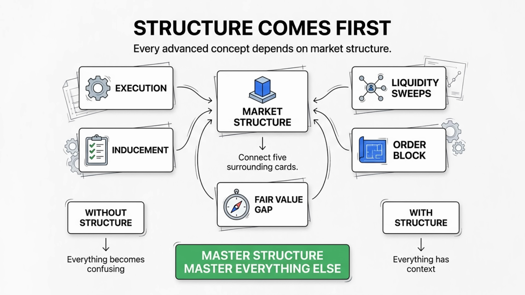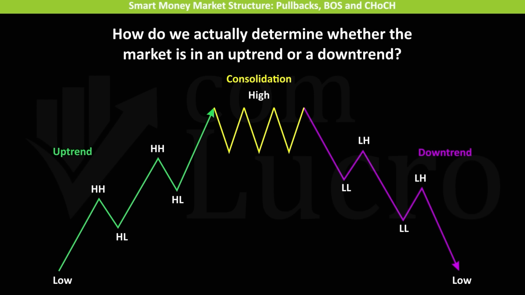Before looking for entries, liquidity sweeps, order blocks, fair value gaps, or any advanced smart money concept, you first need to understand market structure. If you cannot read structure correctly, every other concept becomes harder to apply. At its core, price usually moves through three conditions: uptrend, downtrend, or consolidation.